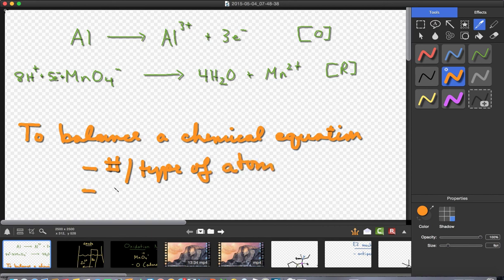You must balance the total charge. And when I say total charge, that means the charge of all of the reactants has to equal the charge of all of the products.